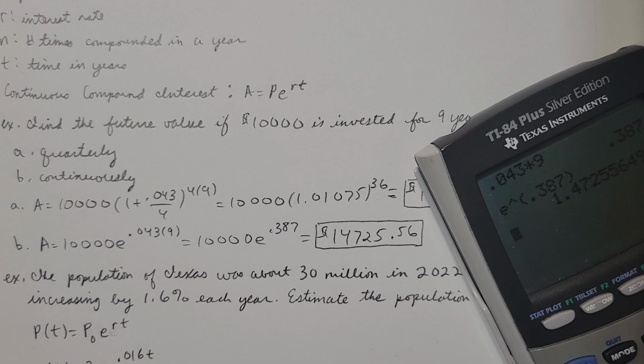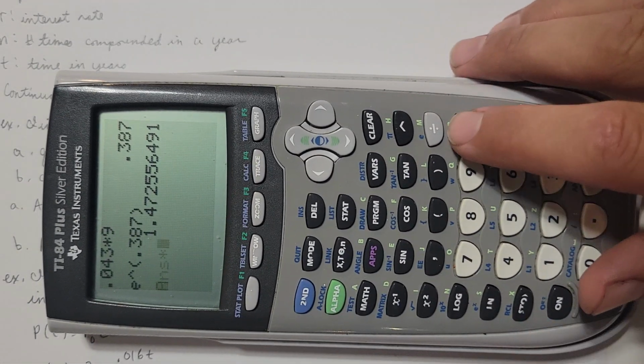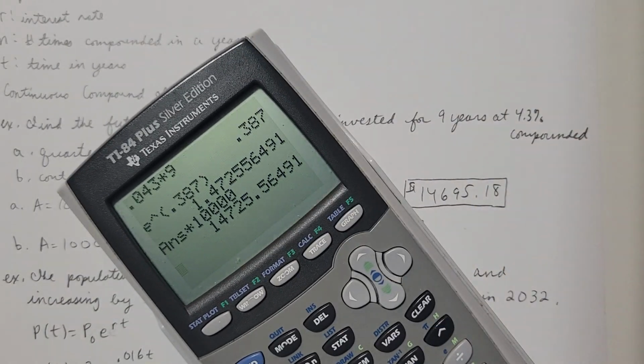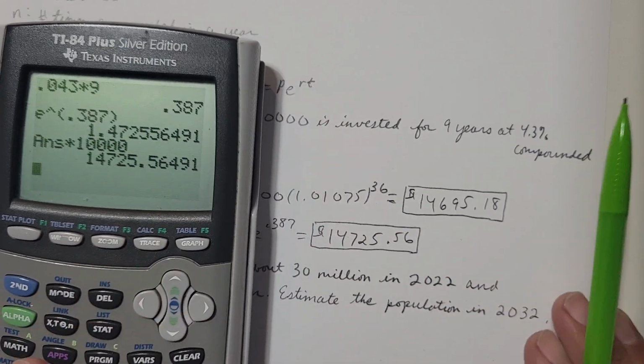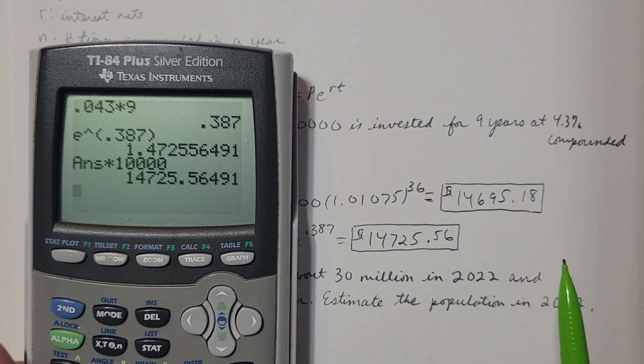And then I'm going to multiply that by $10,000, so times 10,000, and I'm getting $14,725.56.